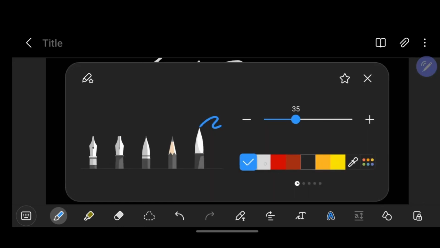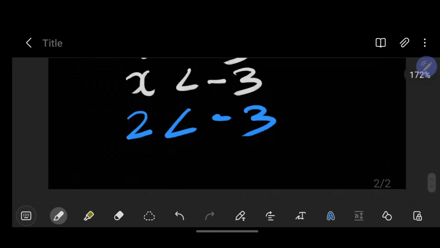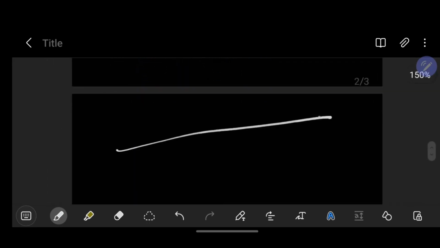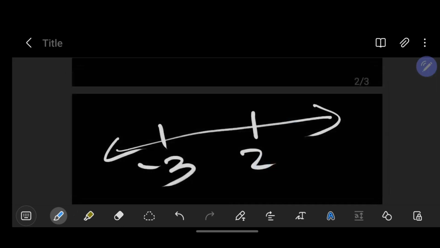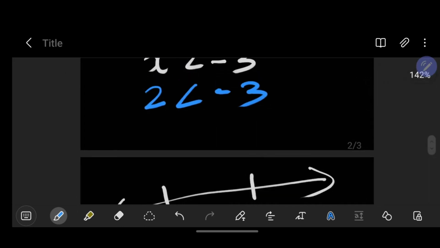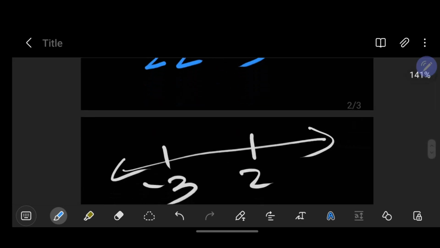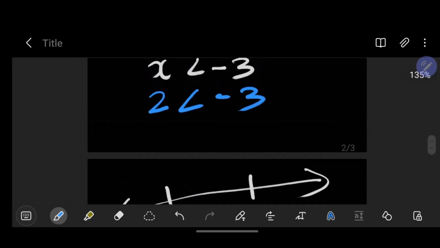Now, does this make sense to us? If we place this on the number line, we have 2 and we have negative 3, and we're saying that 2 is less than negative 3. Now we can see this is not true because 2 is on the right of negative 3, so this is indeed incorrect.